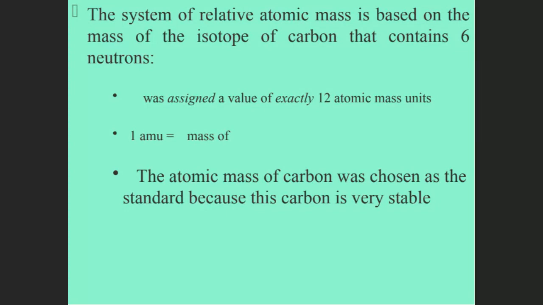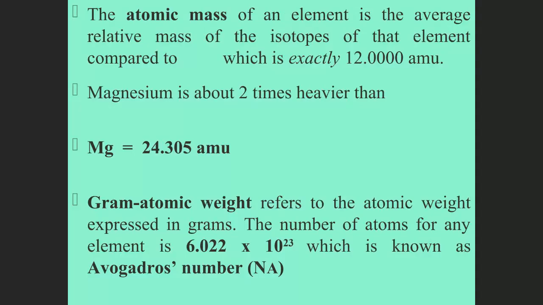So one atomic mass unit is equal to the mass of this carbon, that's 12. The atomic mass of carbon was chosen as the standard because carbon is very stable, as we said.